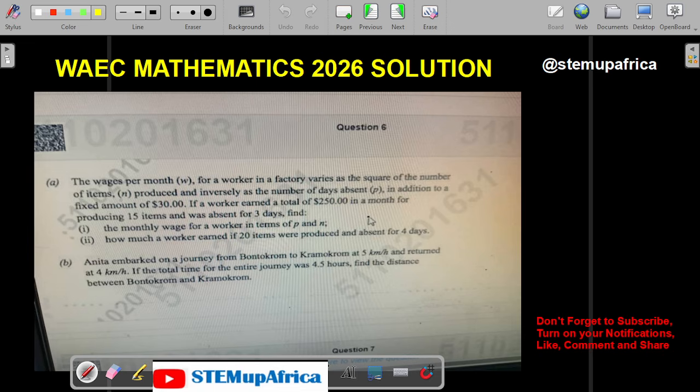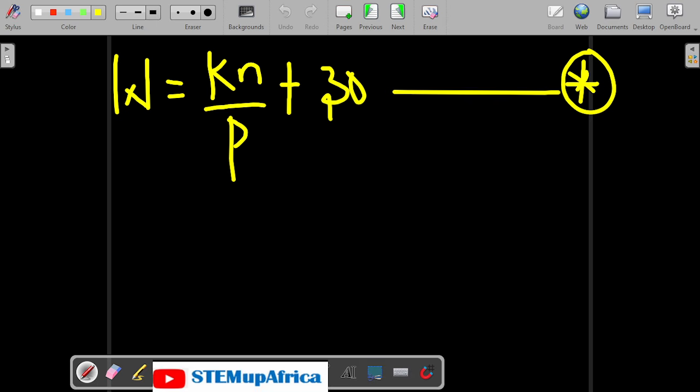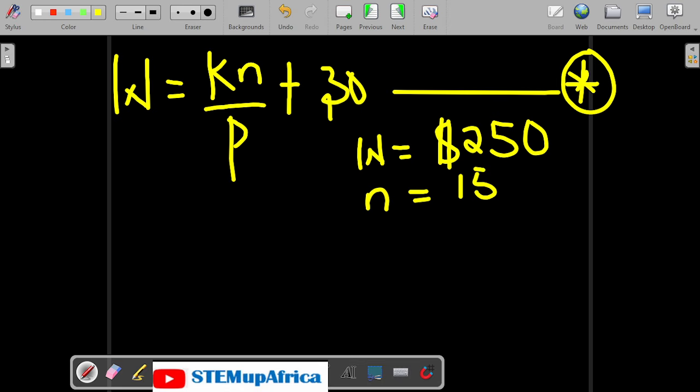So let's see now. It said for a total of 250, which is our W, for 15 items and 3 days. So my W is $250, the number of items produced is 15, and the days of absence is 3.